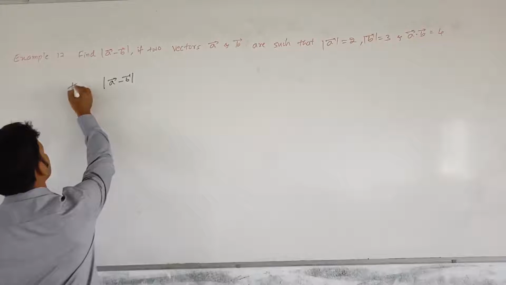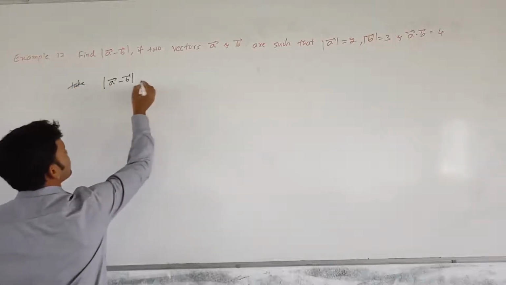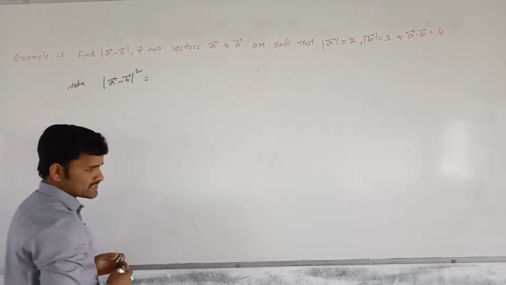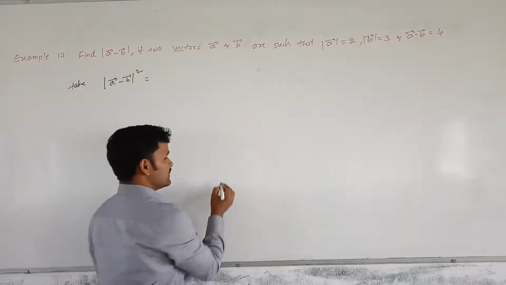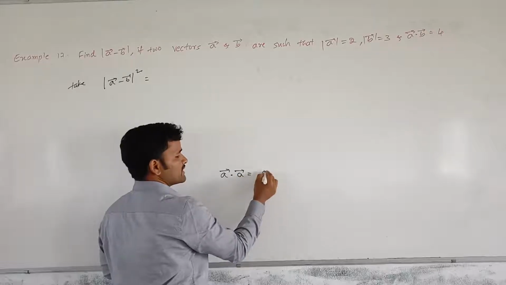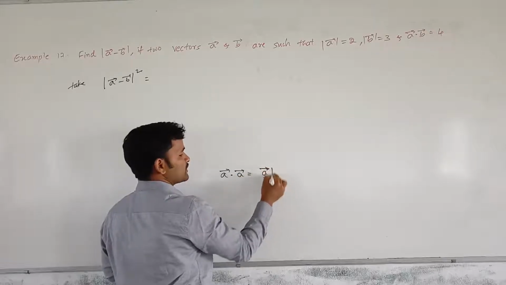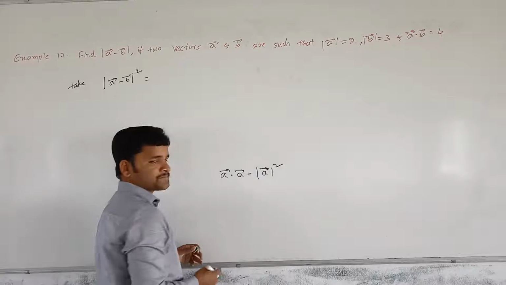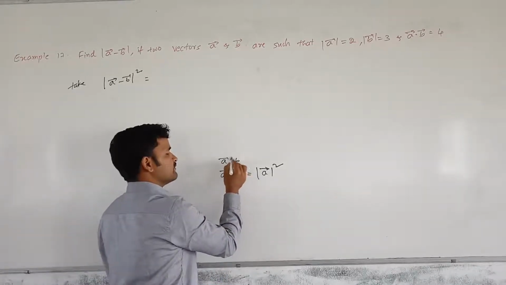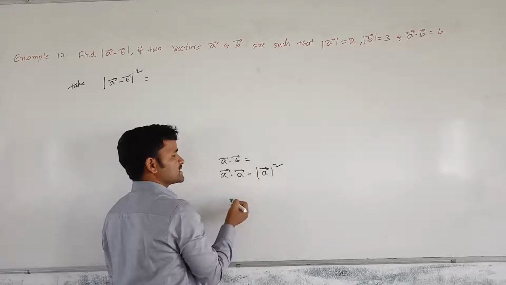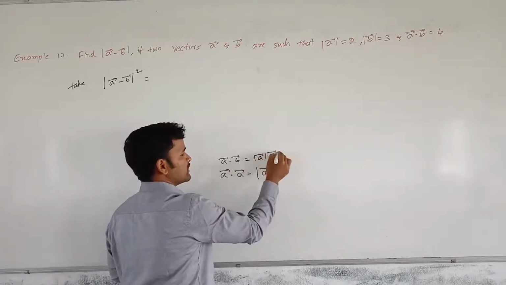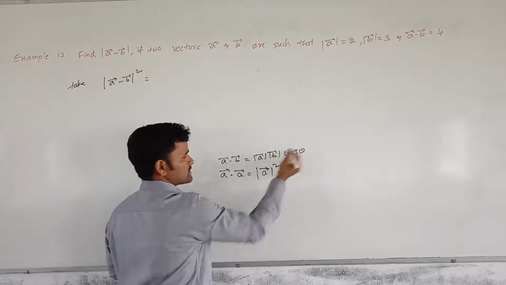Let us take magnitude of A minus B square. What will this be? We know vector A dot product with vector A is equal to magnitude of vector A square. How is this? According to the definition of dot product, A dot B is equal to magnitude of A into magnitude of B into cos theta.